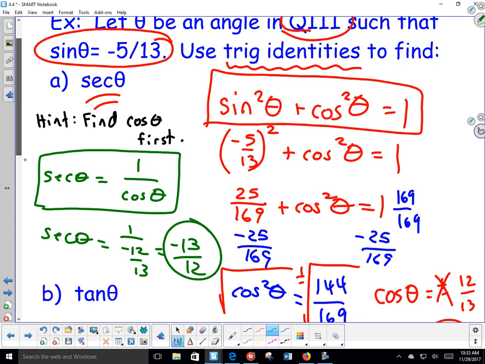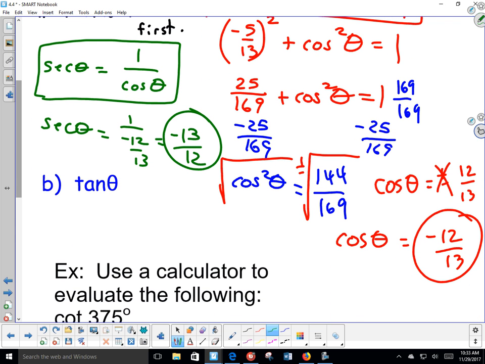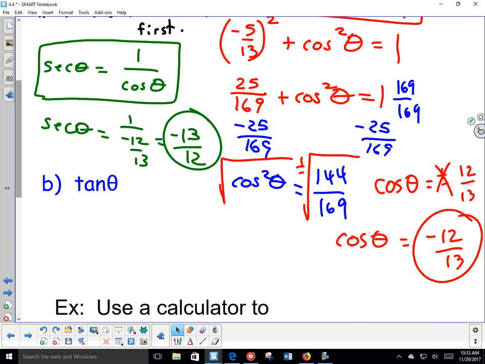All right. Then, how could we find tangent of theta? Which trig identity on page 304 could we use to find tangent? Garrett? Well, I'm thinking you could use 1 plus tangent squared theta equals secant squared theta.